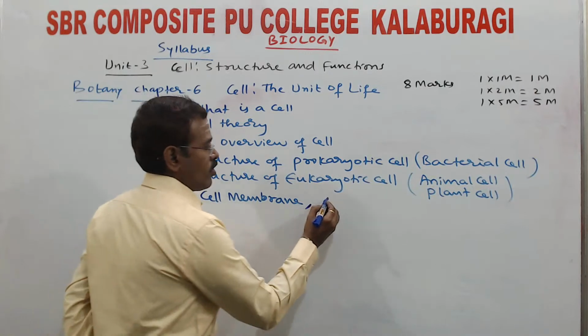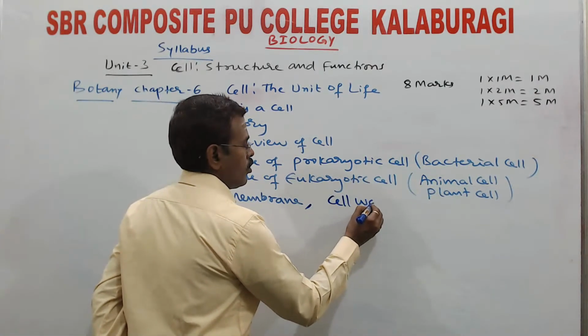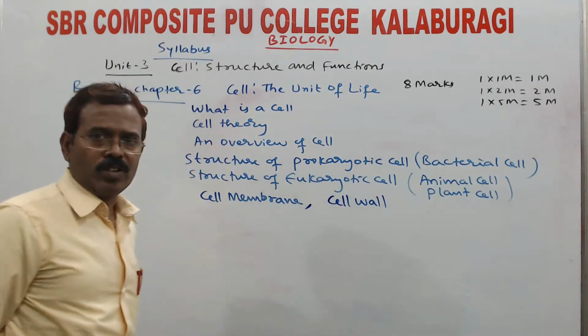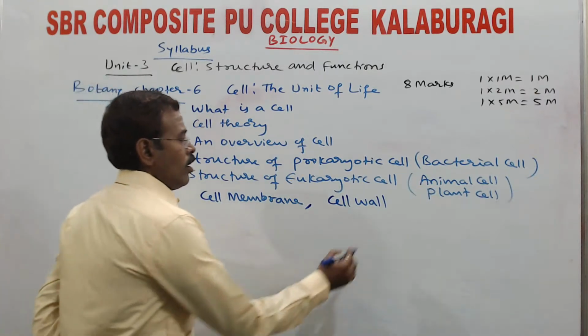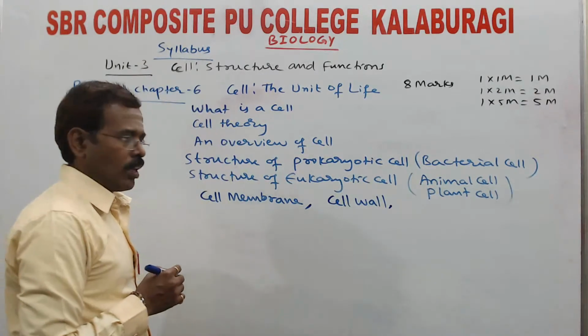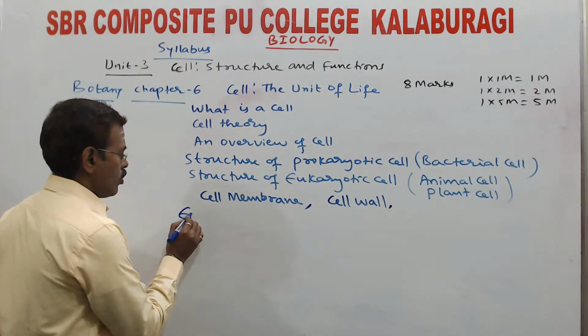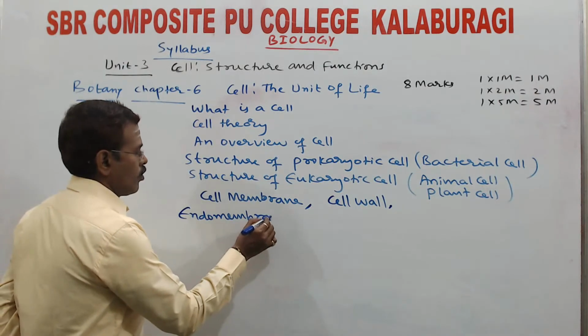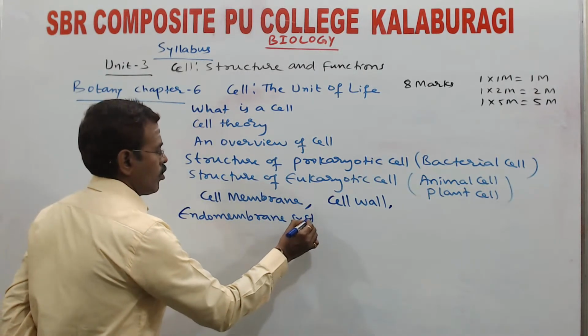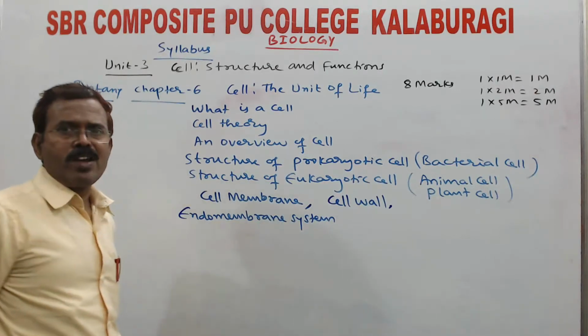The next concept, cell wall, which is basically present in plant cell. After learning cell wall, we have to learn about the endomembrane system.